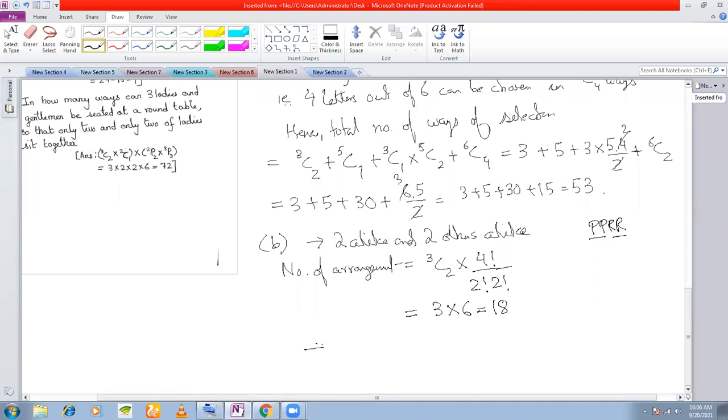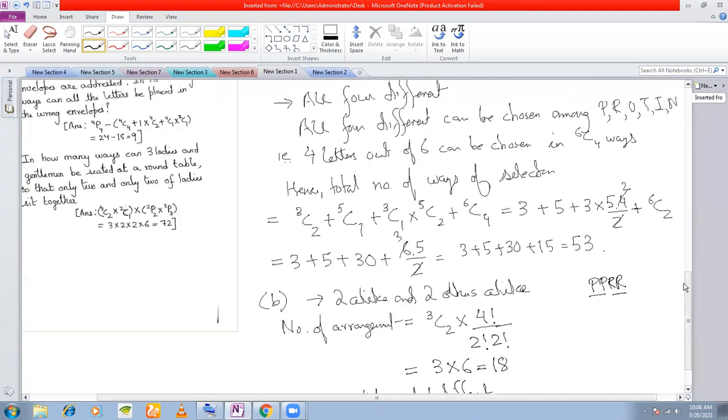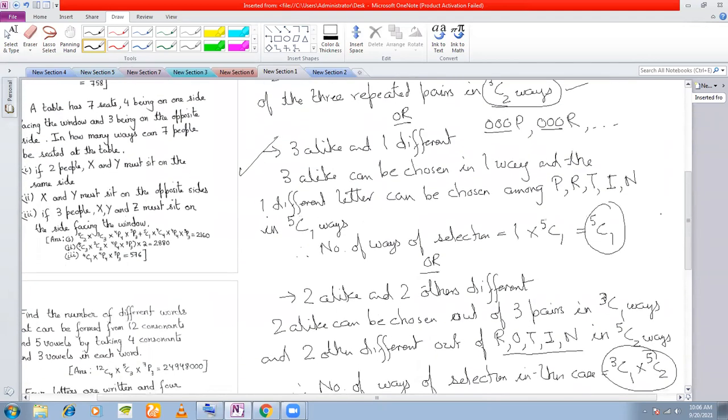Next case, 3 alike and 1 different. Number of arrangements is equal to, how many ways of selecting here? 5C1.